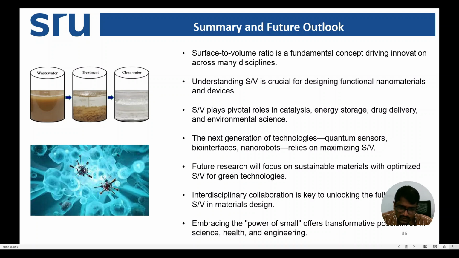Interdisciplinary collaboration is key to unlocking the full potential of surface to volume ratio in materials design. For any potential application, any problem, our prime focus should be on higher surface to volume ratio.